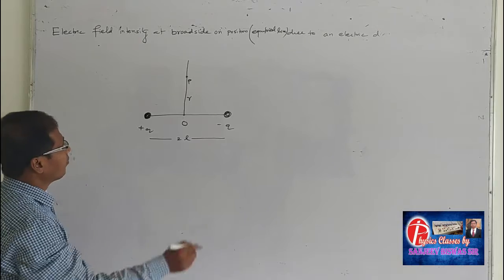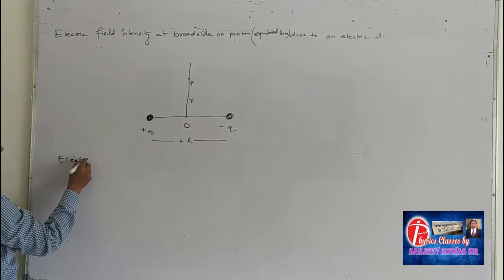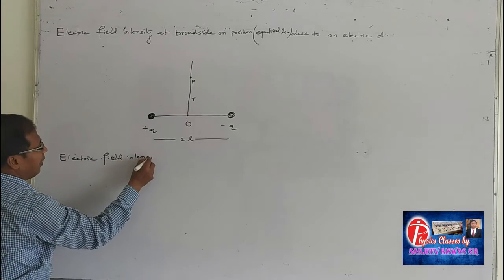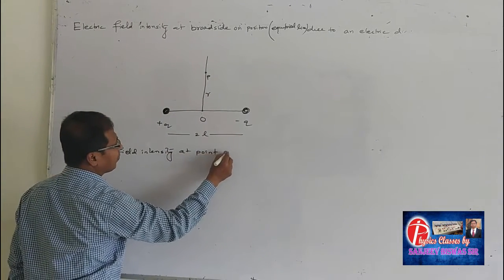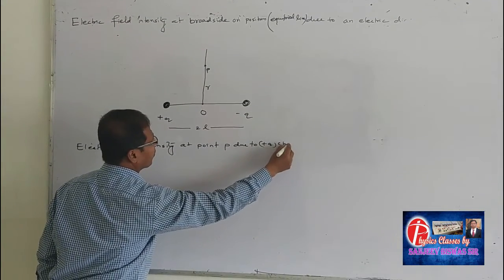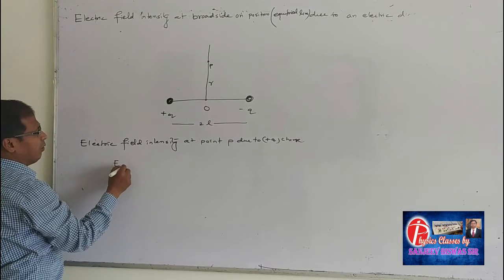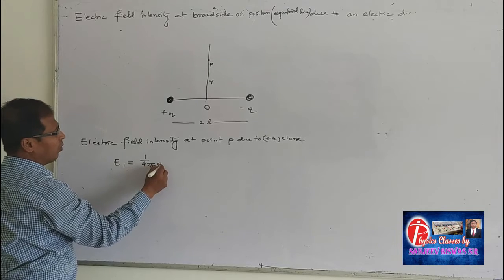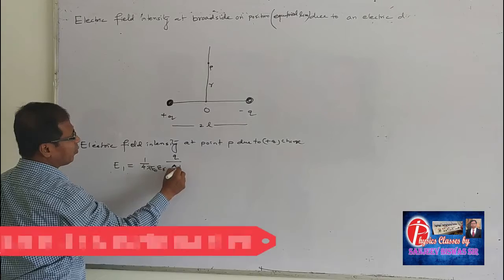Now the electric field intensity at point P due to plus q charge, suppose this is E1, is equal to 1 by 4 pi epsilon 0 epsilon r into q upon AP square.